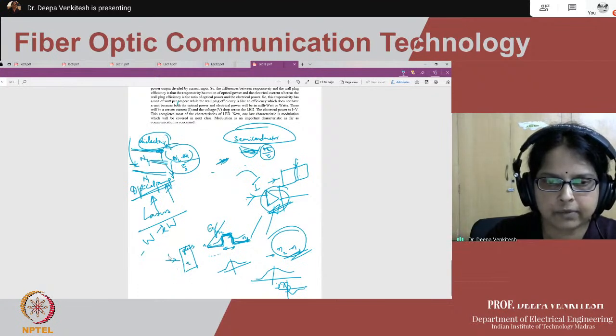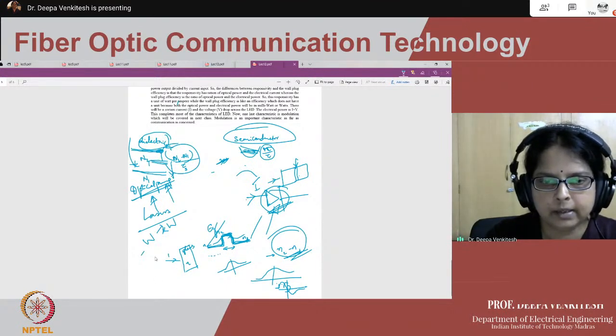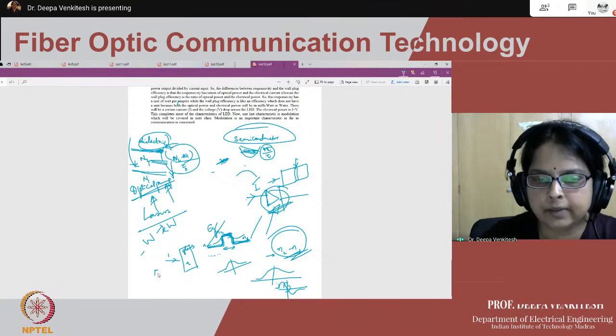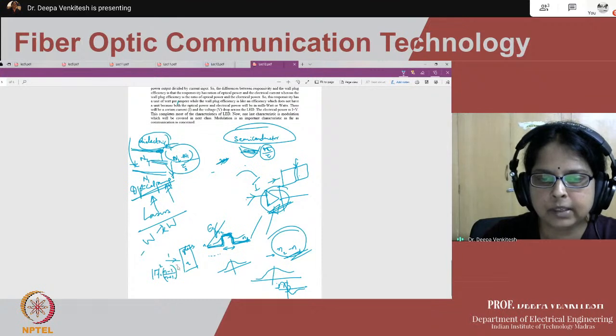You have refractive index 1 here. The Fresnel reflection coefficient gamma for field, which means reflected field by incident field, is n minus 1 divided by n plus 1. And so mod square of this is the power reflection coefficient, that is this.